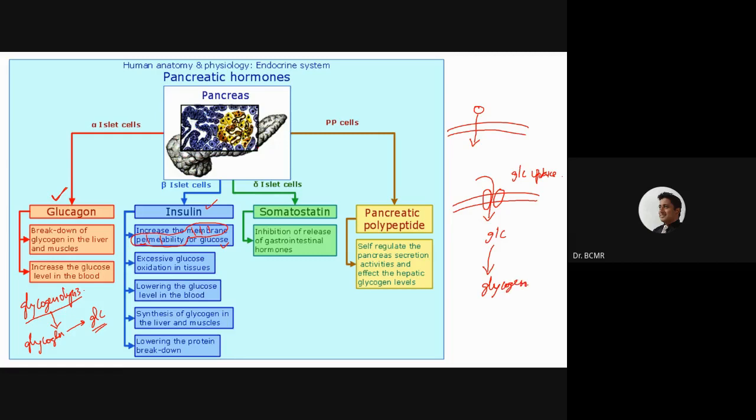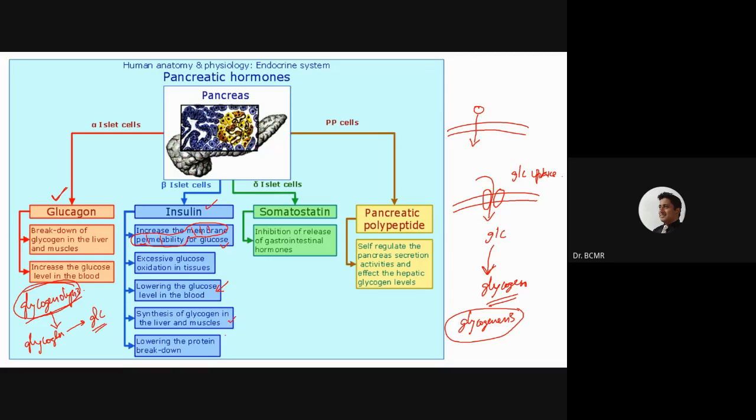So insulin also has this effect of making glycogen. So this process would be glycogenesis. Okay, compare here glycogenolysis, and insulin stimulates glycogenesis. So eventually, insulin is reducing the blood glucose because it's stimulating several target cells to take up the glucose.